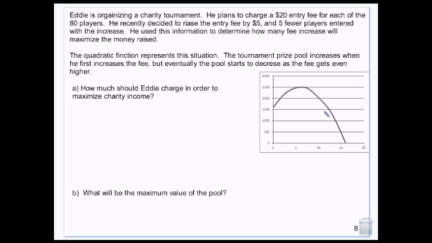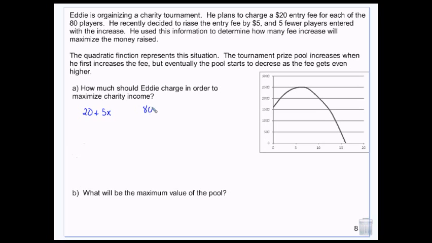So what we want to do is we need to find out what is the equation of this line so that we can find out what the maximum value is. Now, he's charging $20 to start, but he wants to raise it by 5, and we don't know how many times he's going to raise it by 5.